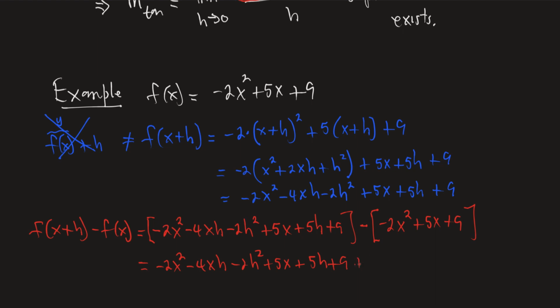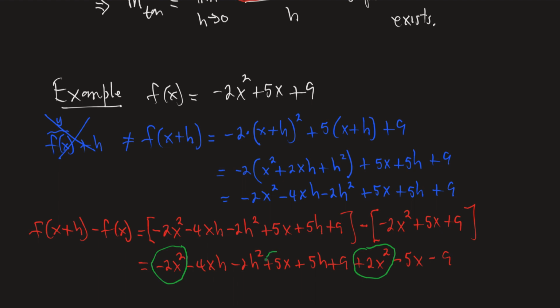So that becomes a positive 2x squared, and then a minus 5x, and then a minus 9. Now when I look to find some like terms, I do see some like terms. So for instance, there's a negative 2x squared, and then a positive 2x squared.